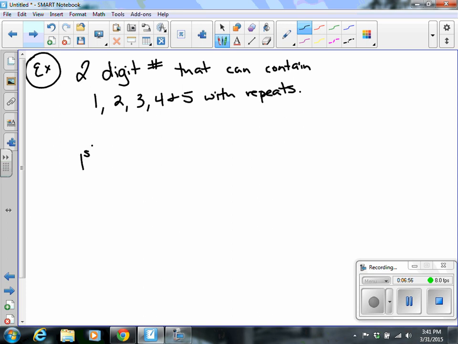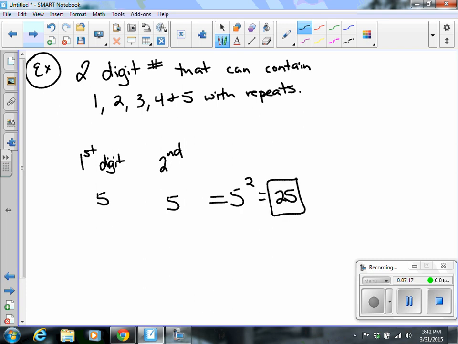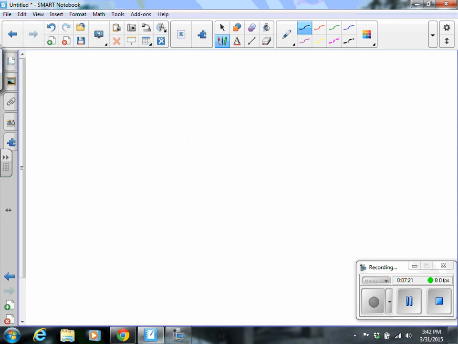Looking at this, the first digit, I have 5 options, 1, 2, 3, 4, 5. Second digit, I have 5 options again, 1, 2, 3, 4, 5. So what does that mean? That means total, I have 5 squared, which gives me 25. So these are all independent because I'm allowing repeats.